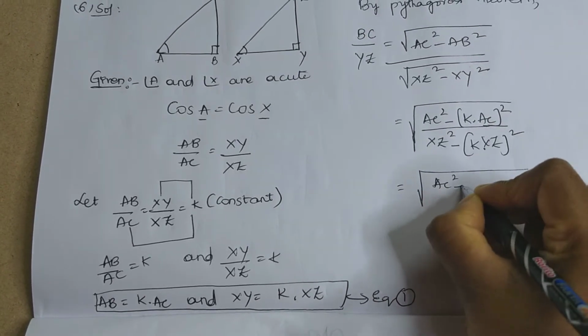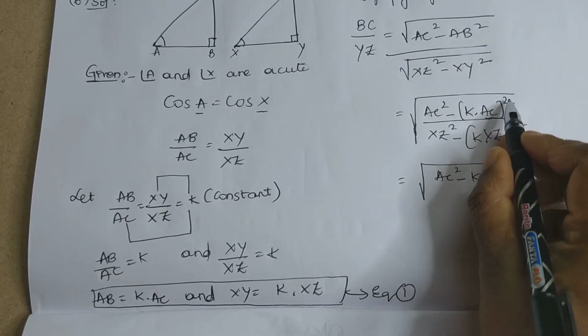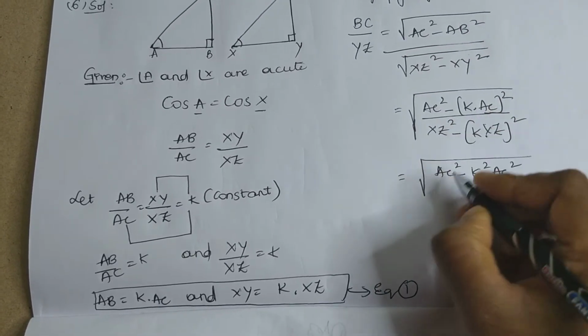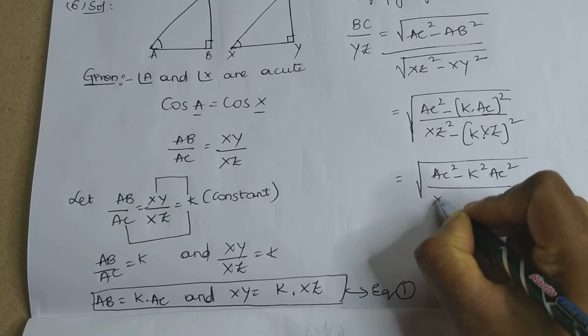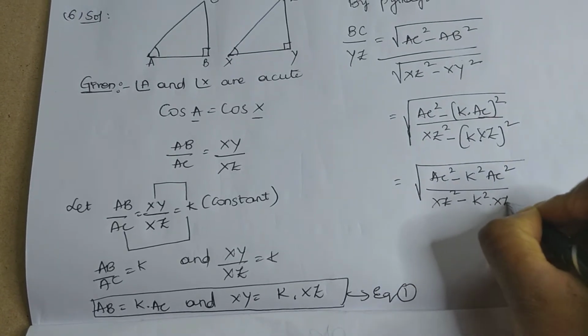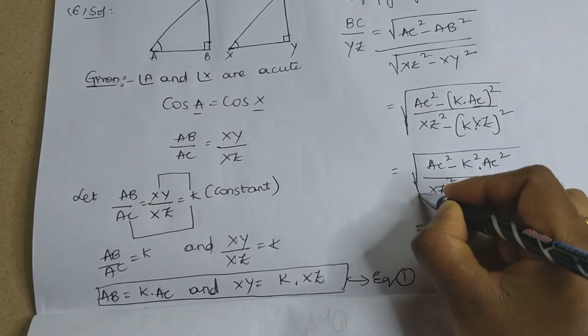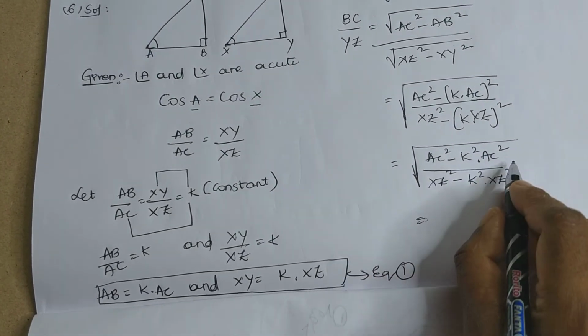Okay. So now let's simplify this. AC square minus K square AC square, because (A into B) whole square can be written as A square into B square, divided by XZ square minus K square into XZ square. Okay. So when you see here, AC square is common.